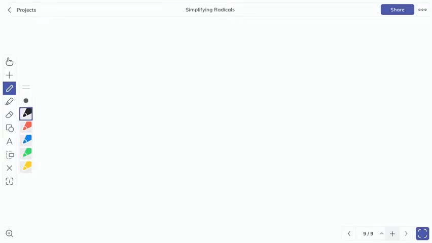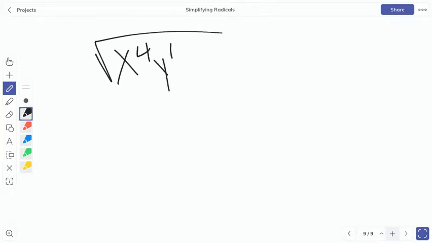The last type of radicals that we're going to cover are radicals with variables. This may look confusing at first, but I can assure you it is easier than it looks. I'll show you an example. The square root of x to the 4th power, y to the 16th power, and n. First, I am going to show you an easy way to look at this visually.